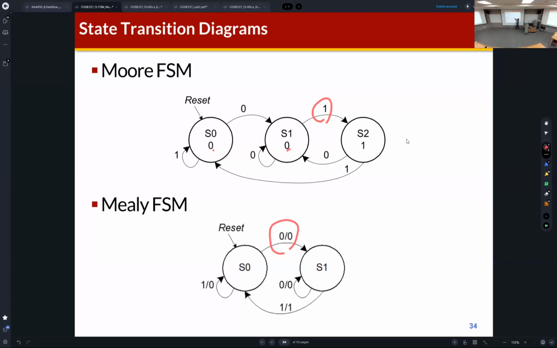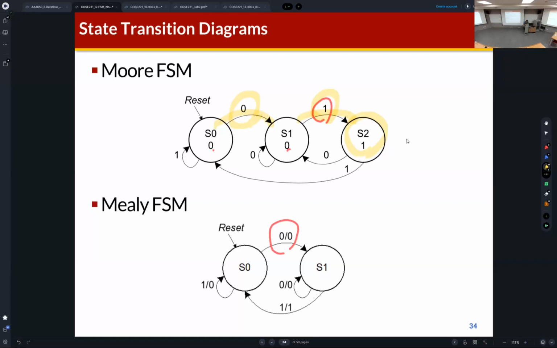So the output is 0 when the current state is S0, the output is 0 when the current state is S1, and the output is 1 when the current state is S2, that's the sequence 0, 1, right? So S2 is the state that can make output 1, and S1 is the ready for the 1. We can define the 3 states like this.